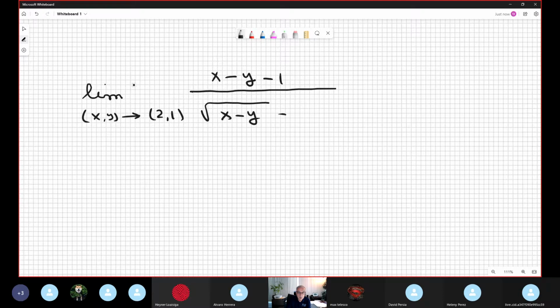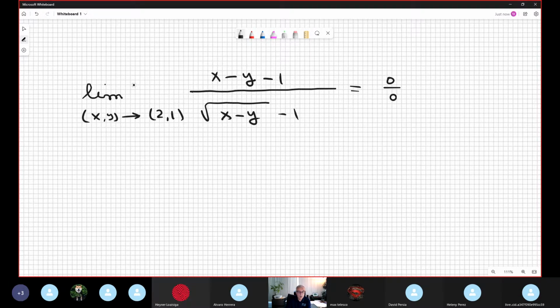It's minus here. Okay, so you plug it in, as always, and you don't know anything. 2 minus 1 is 0. And here, 2 minus 1 is 1, the square root of 1 is 1, and 1 minus 1 is 0.